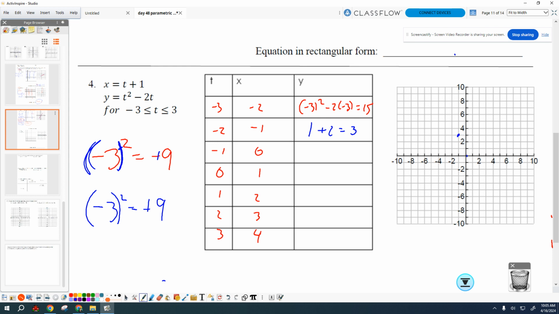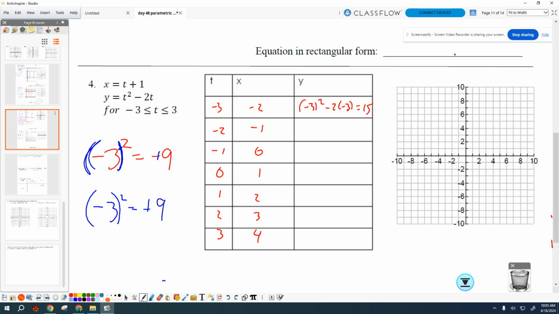I think you plugged in -1 for t, not -2 for t. I thought -2y was 8. That's 8, right?